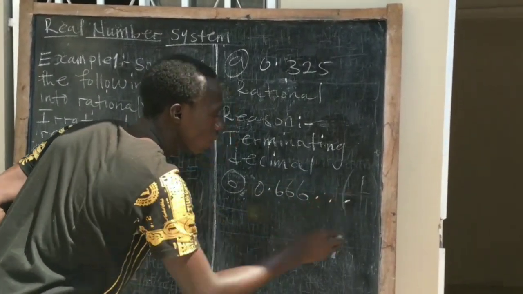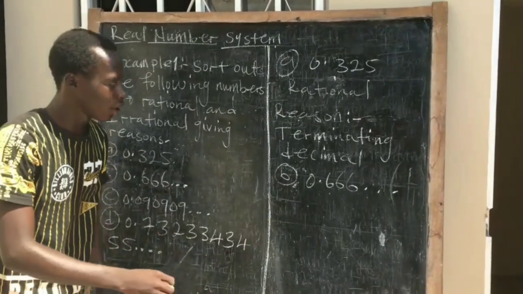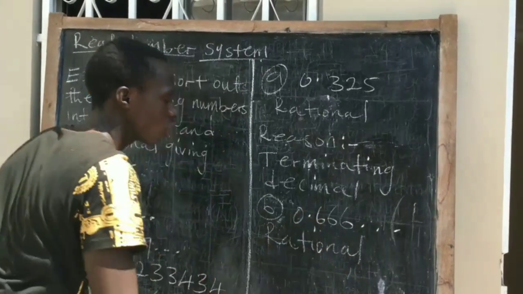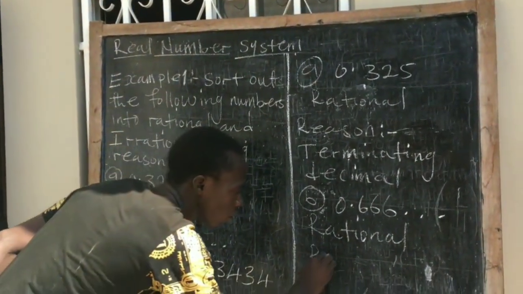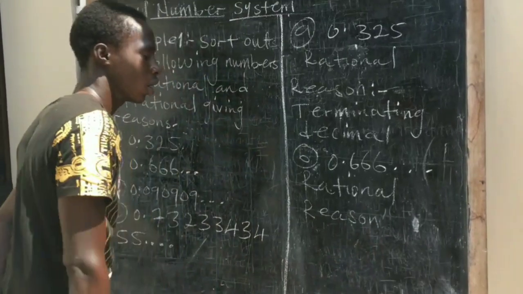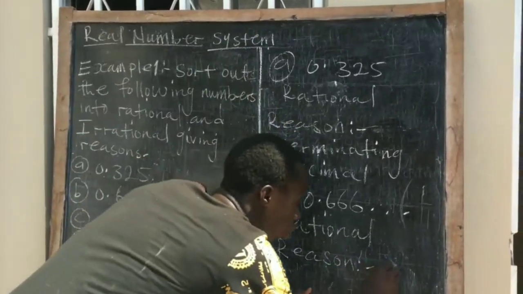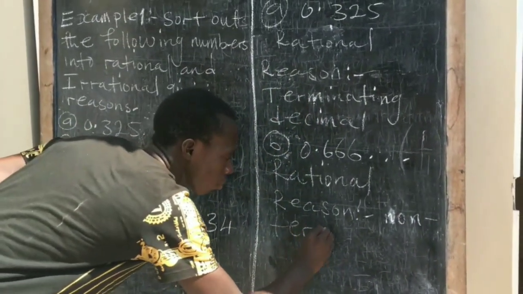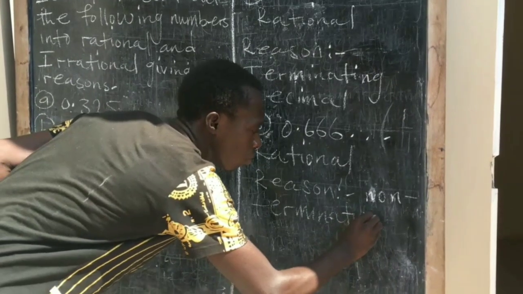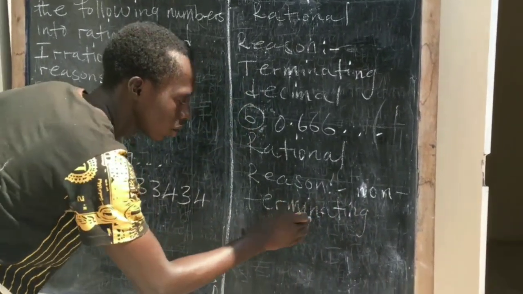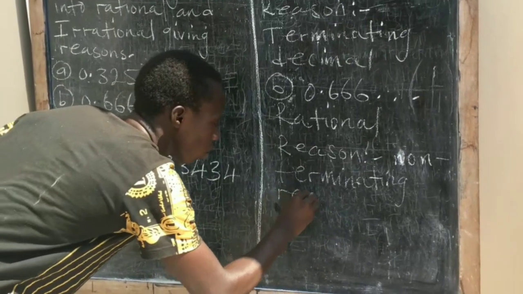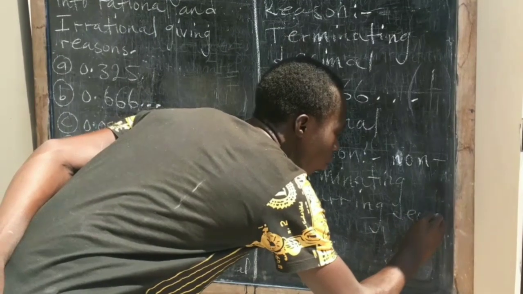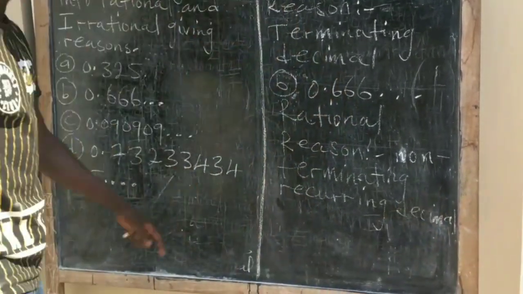0.666. So see, this is also a rational number. Reason, it is non-terminating, recurring decimal.